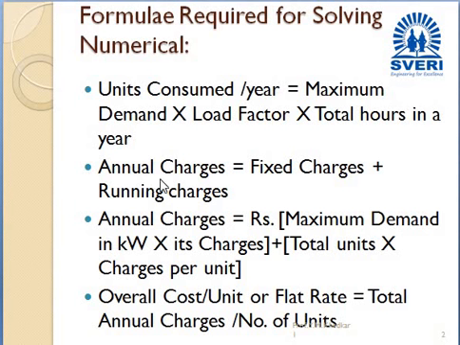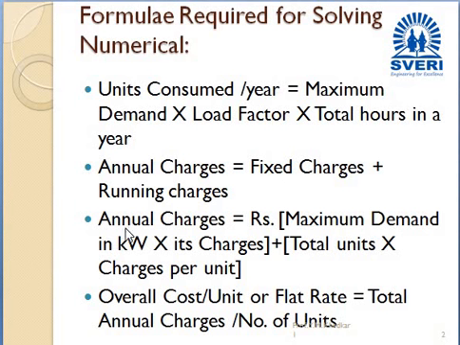The second formula is about annual charges. Annual charges are nothing but the addition of fixed charges plus running charges. It is known by the name of annual cost also. So that formula may be rewritten like: annual cost is equal to fixed cost plus running cost.